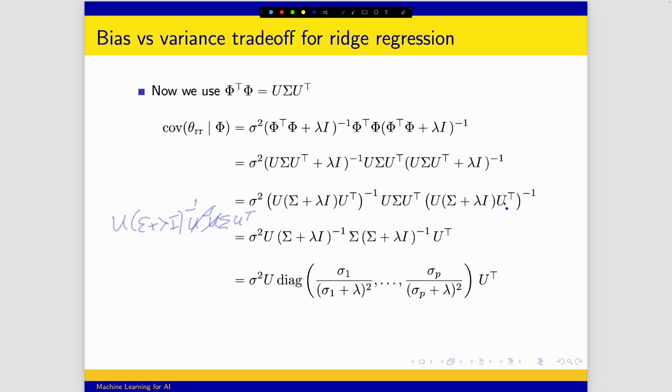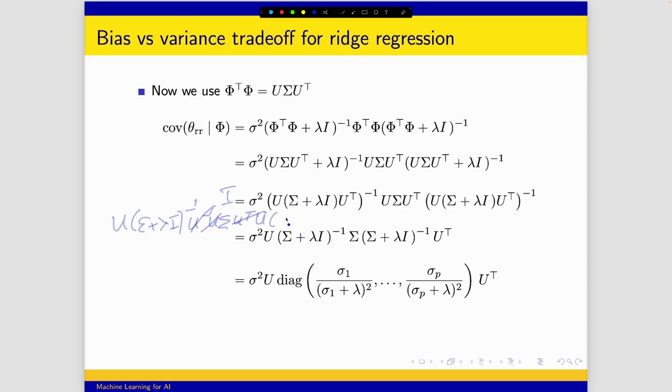Now we're going to do the same thing here. The inverse of this whole thing is U to the minus 1, which is U transpose to the minus 1, which is U. U transpose is the same as U minus 1, and U is orthogonal anyway, so this just becomes the identity matrix.